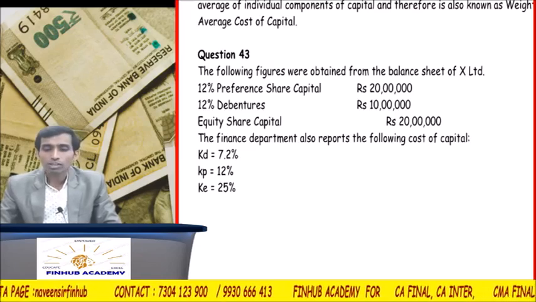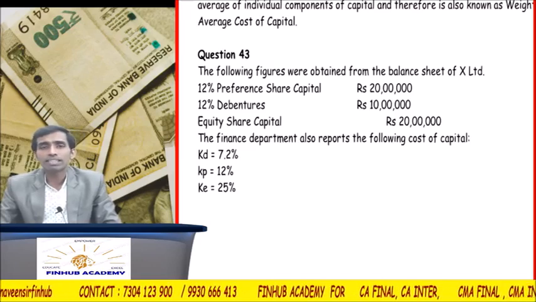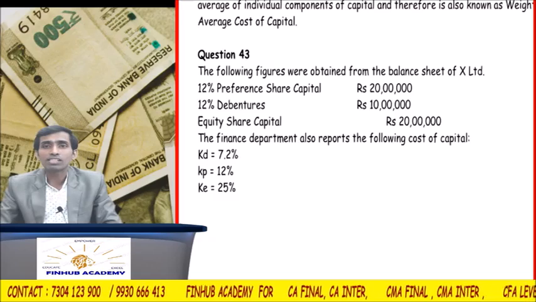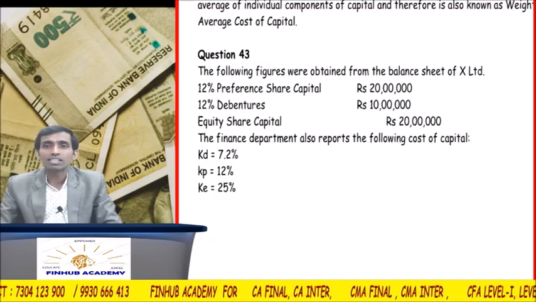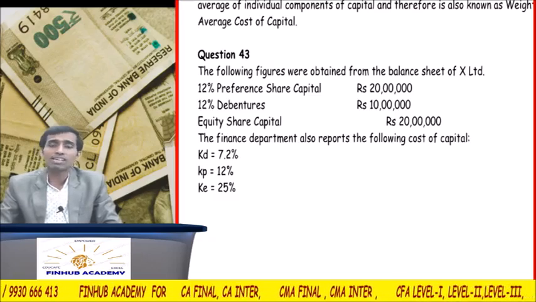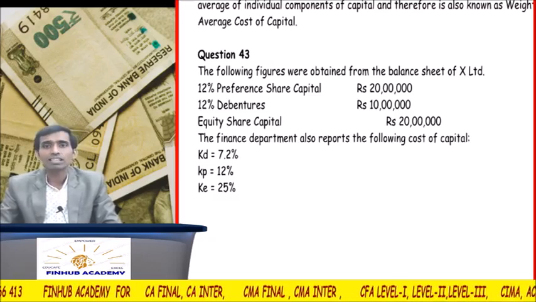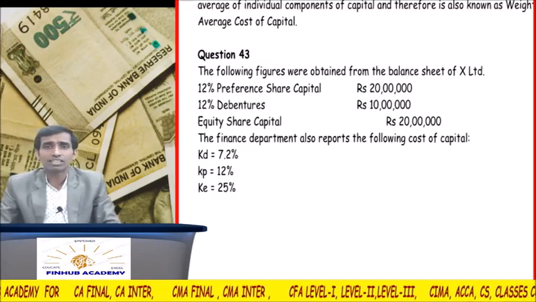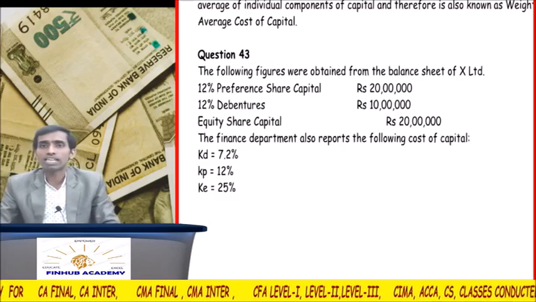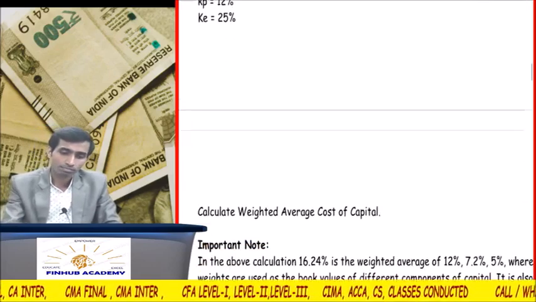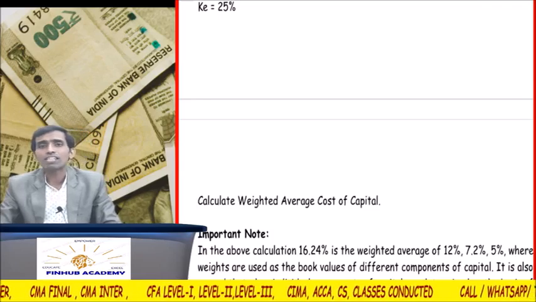The following figures were obtained from the balance sheet of X Limited: 12% preference share capital, 12% debentures, equity share capital 20 lakhs. The finance department also reports the following cost of capital: 7.2 is Kd. They have not mentioned, so we will assume it is before tax if tax is given. Kp is 12%, Ke is 25%. Calculate the weighted average cost of capital.